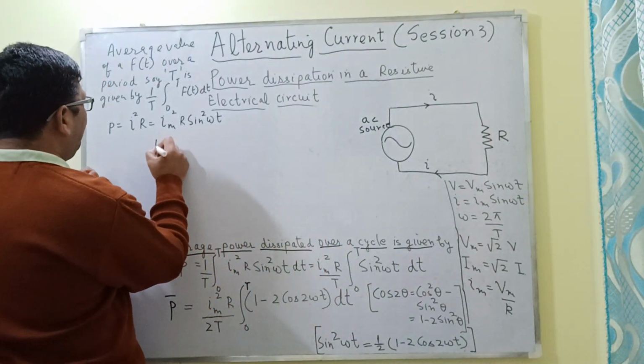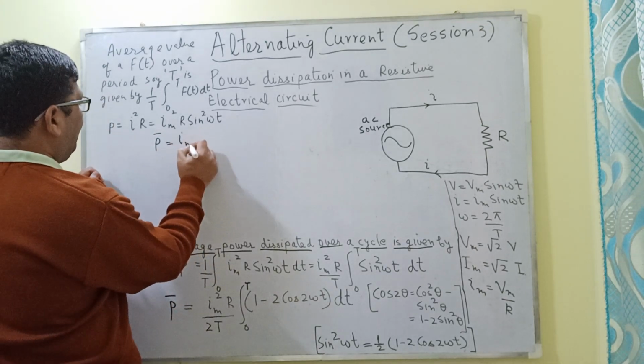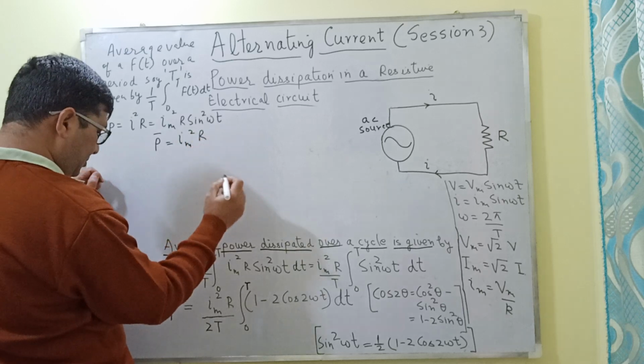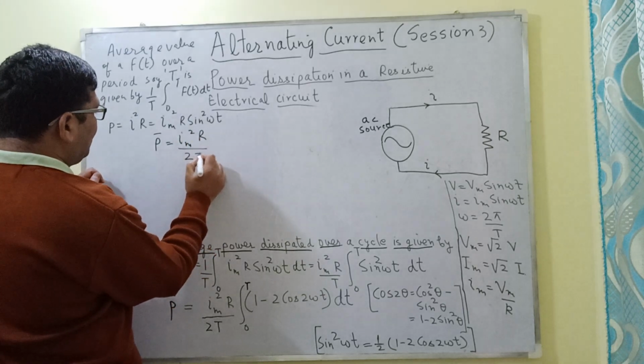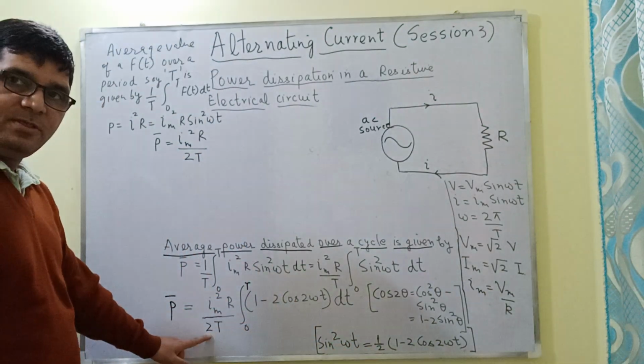So the average power P bar is equal to Im square R divided by 2T. Here what I have done is, this 1 by 2 has been taken out.